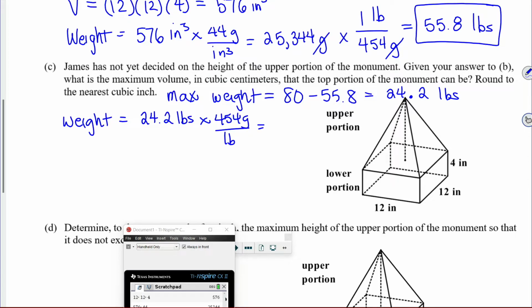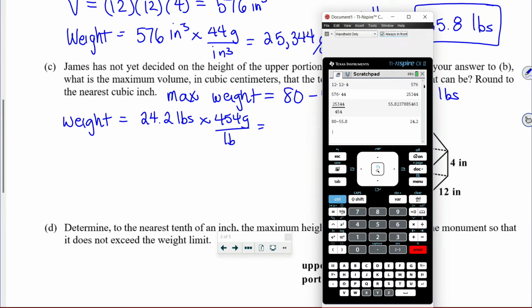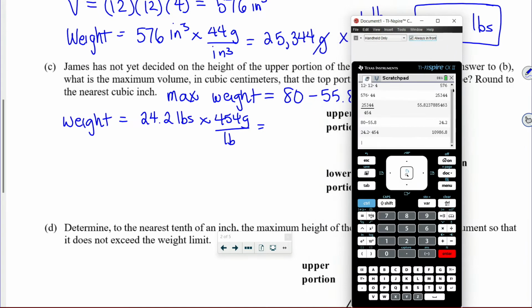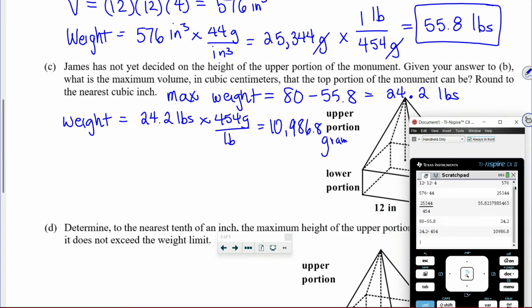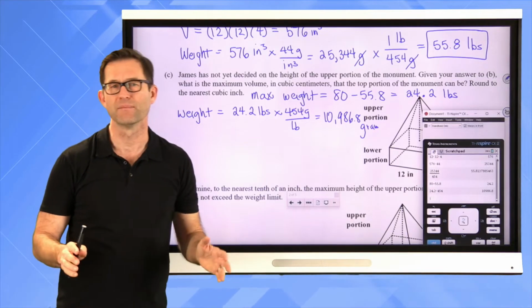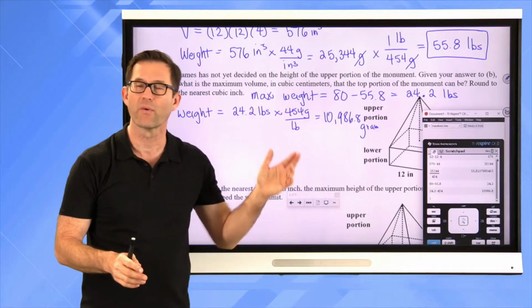Let me multiply that by 454, and we get 10,986.8 grams. Sorry, just barely fit it in there. So a lot of grams. The gram is a very small weight measurement.